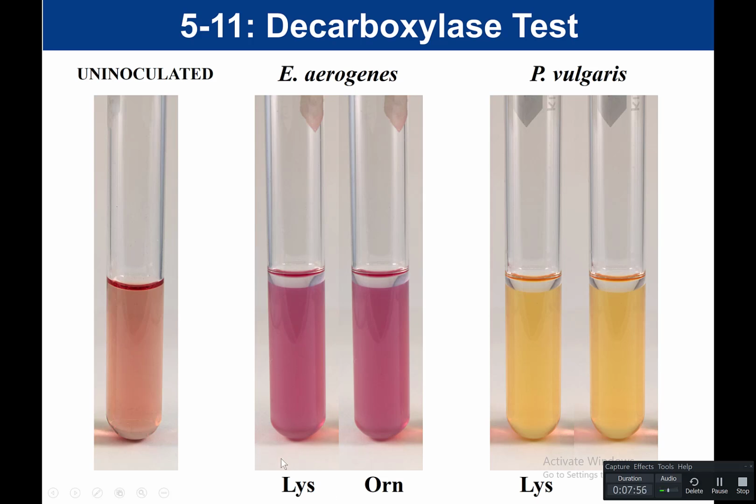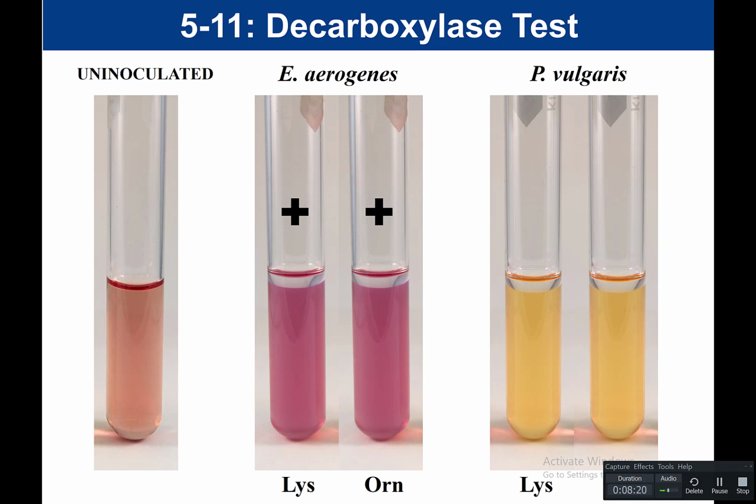Is that a positive or a negative? Well, it's positive because it's purple. Remember, purple is alkaline, which is going to be positive in this test. For ornithine, it is also purple, so it's also positive. So in this case, Enterobacter aerogenes can decarboxylate both lysine and ornithine.